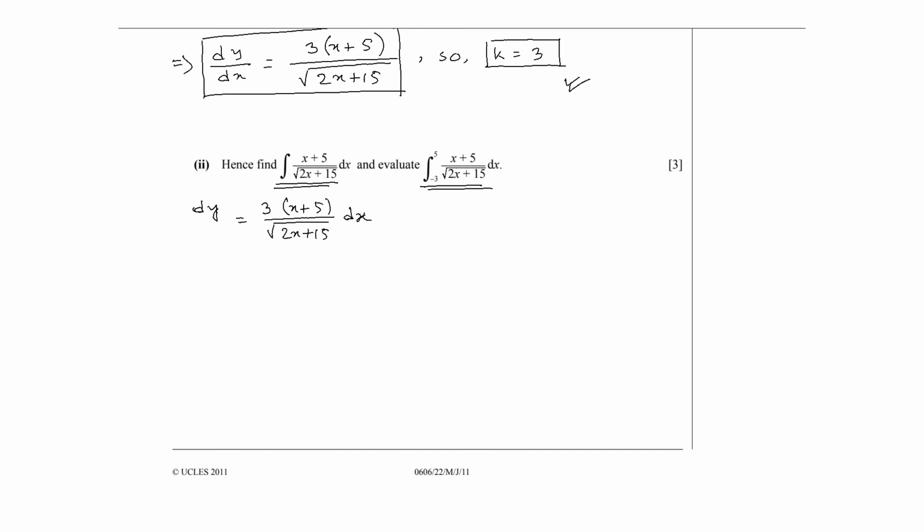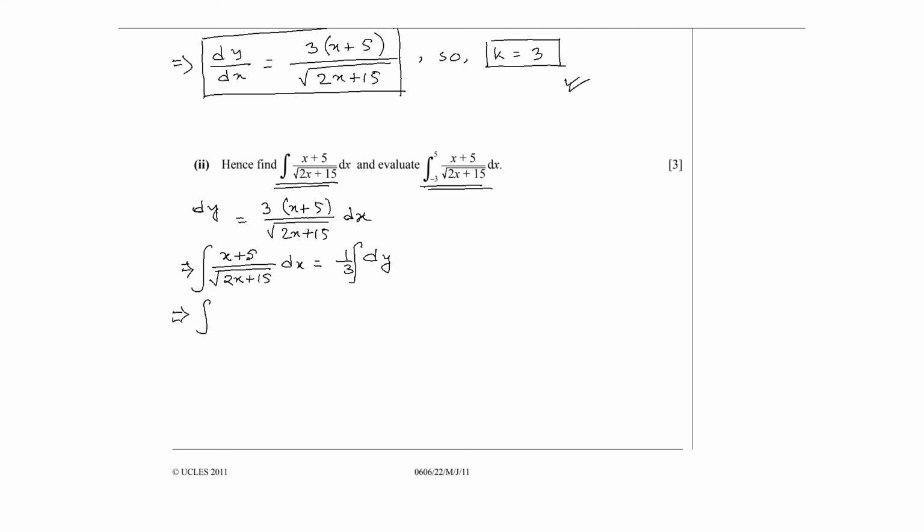So we can write (x plus 5) over square root of 2x plus 15 times dx is equal to 1/3 of dy. Let's put the integration sign.